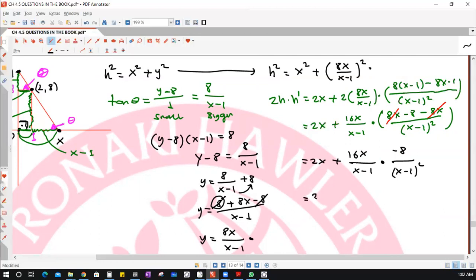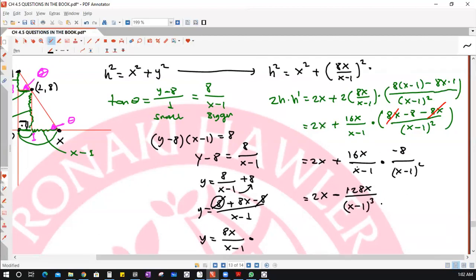And finally, we get 2x minus 128x divided by x minus 1 cubed.